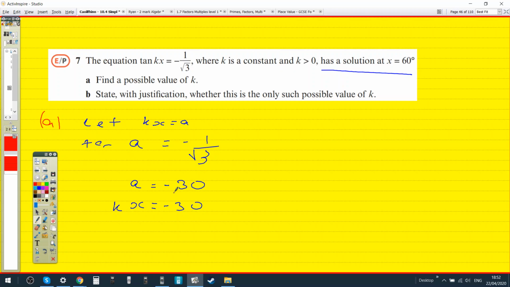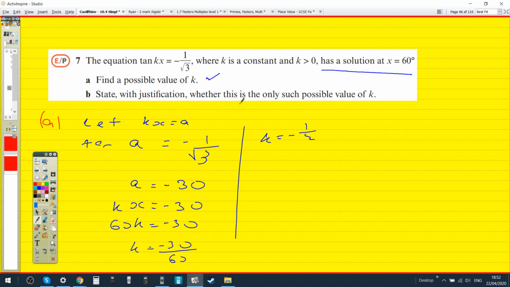So I think k equals minus 30 over 60. Yeah, I believe so. It's minus a half. K equals minus a half. Find a possible value of k. K equals minus a half.